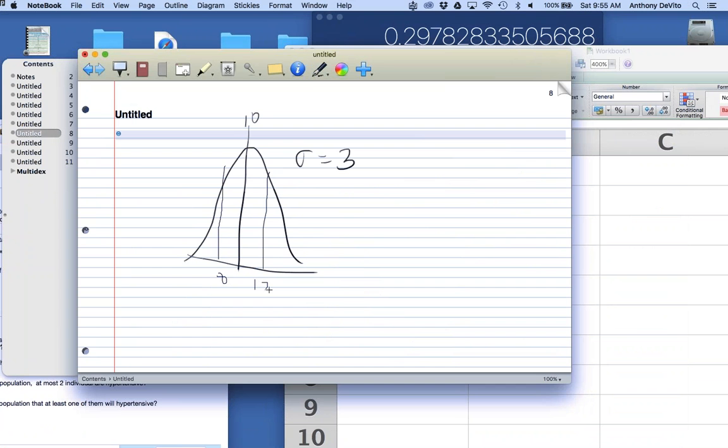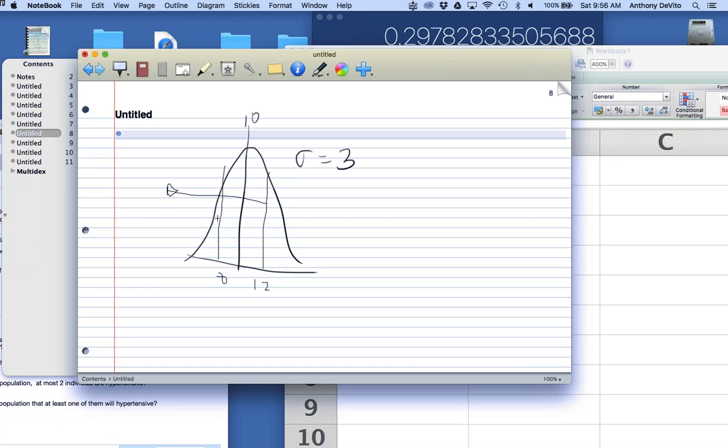Right off the bat, I know that this isn't 7 and 13, which would have been nice because then they would have been 1 standard deviation to the left and right. But this isn't, so there's a couple of ways I could do this. One way is if I know what the area is from here down, I can use NORM.DIST to calculate that.